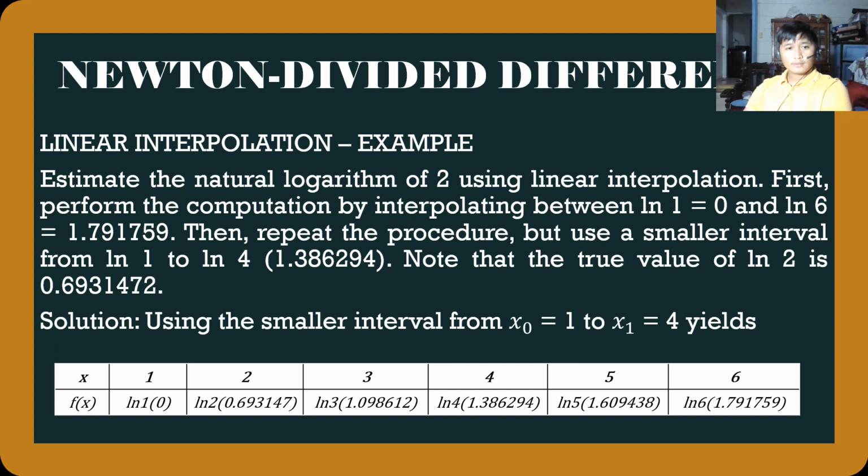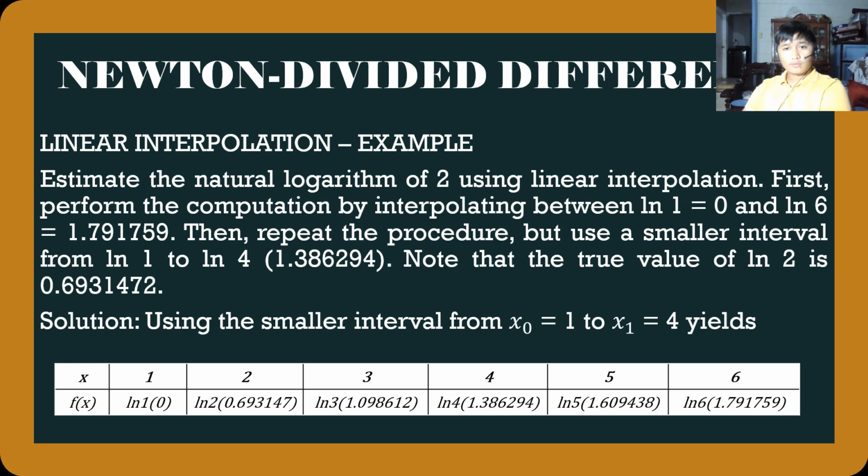Okay, so another one is that we assume the interval is 1 to 4. So x sub 0 is 1, and then x sub 1 is 4. The same scenario applies. These are the values for the corresponding value of x.